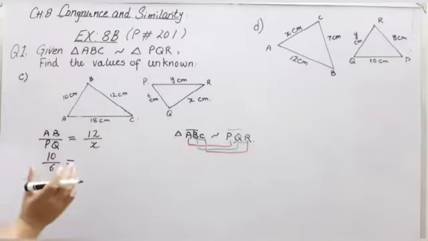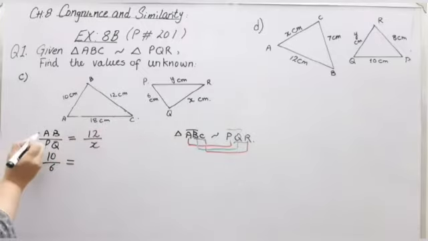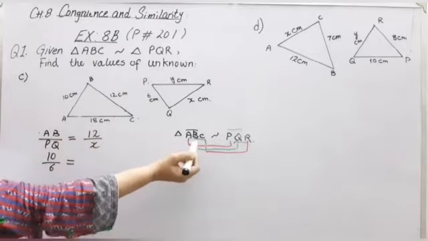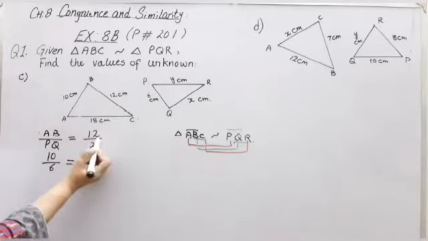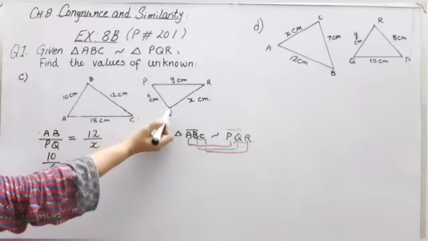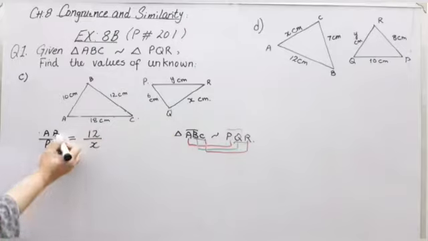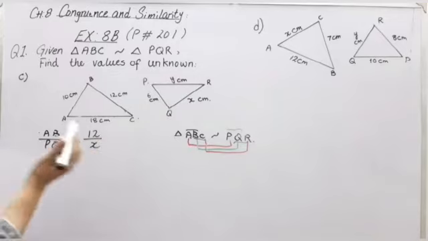One thing to remember: when you take the bigger side on the numerator, the other similar side or line segment on the other side of the equality is also the bigger one on the numerator. If you take the smaller one on the numerator, then you take the smaller one on the numerator on the other side too.